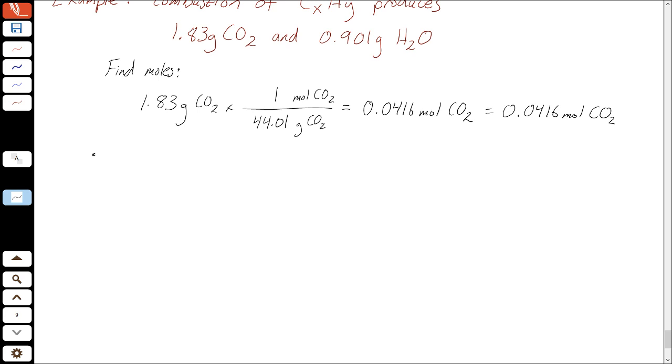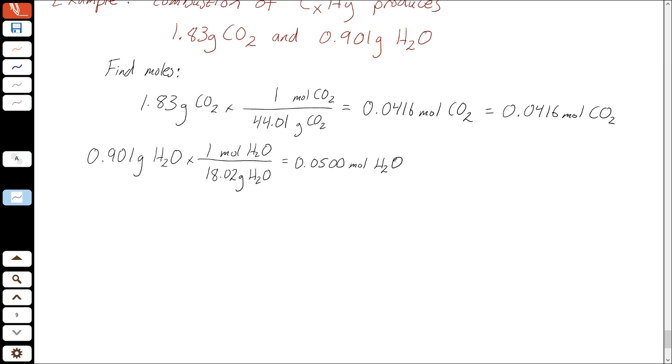All right, let's do the same thing with the water. All right, so how many moles of hydrogen are in that many moles of water?